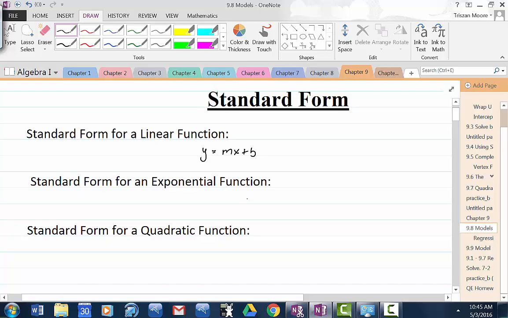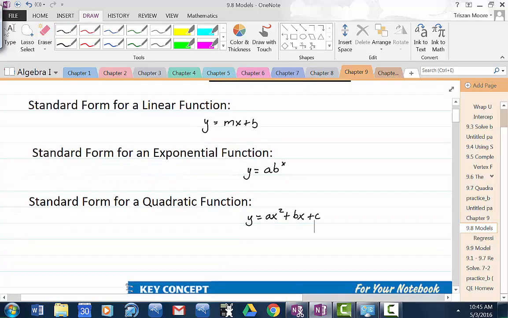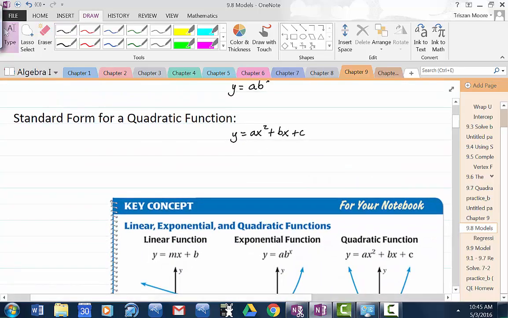An exponential function always looks like y equals ab to the x. And a quadratic function looks like y equals ax squared plus bx plus c. So we're going to come up with models for those to actually model different situations that are going on.